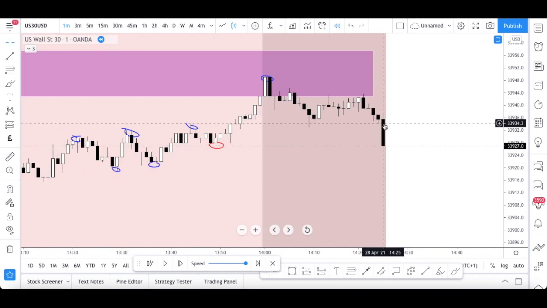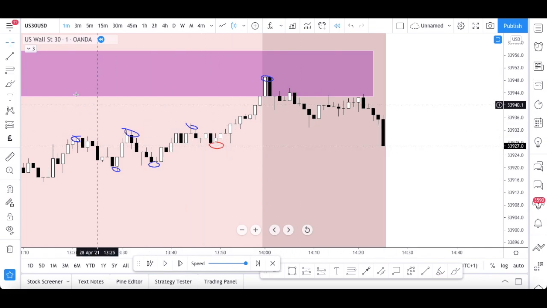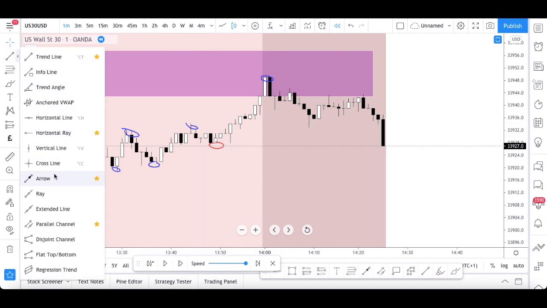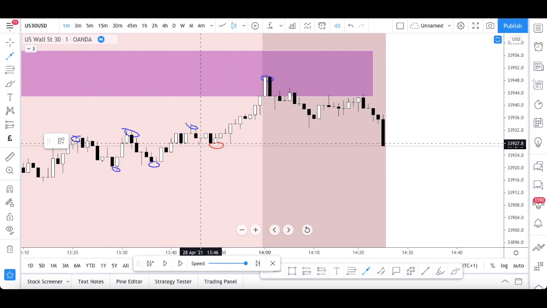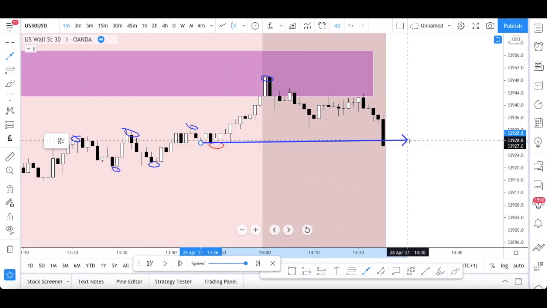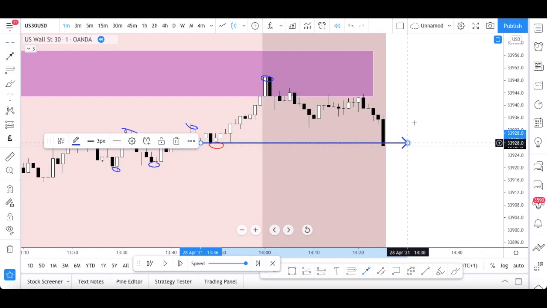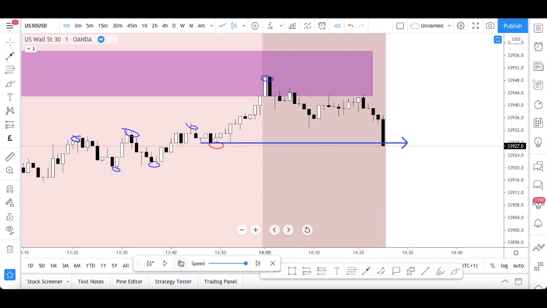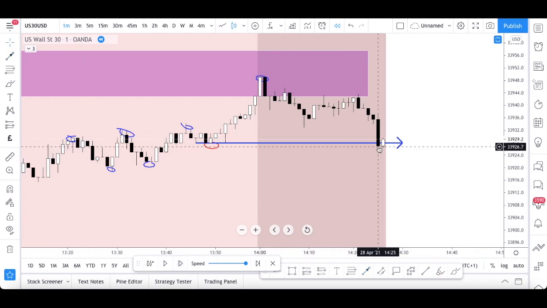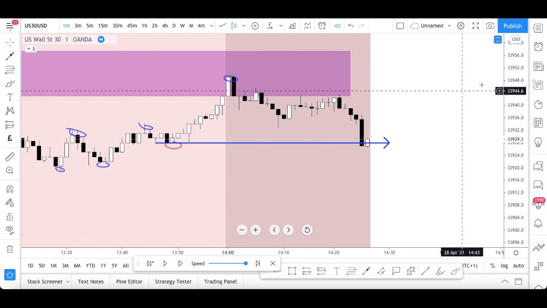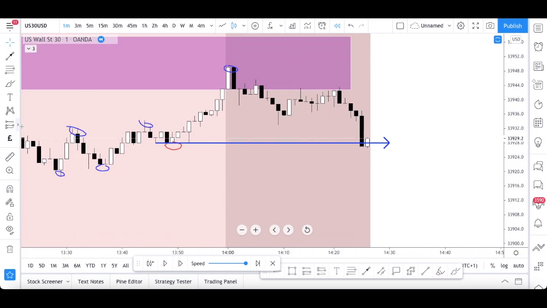What have we got? A nice bearish closing candle that closes nicely below the body of this significant higher low area. You can see that we get the break of structure there.